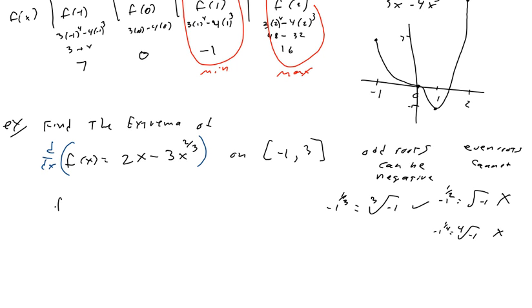The derivative of 3x to the 2/3, I bring the 2/3 down in front, so it's going to be -3 times 2/3, x to the power of 2/3 minus 1. 2/3 minus 1 is -1/3. I'm taking too much away, so I've got to have a -1/3 to make it up.